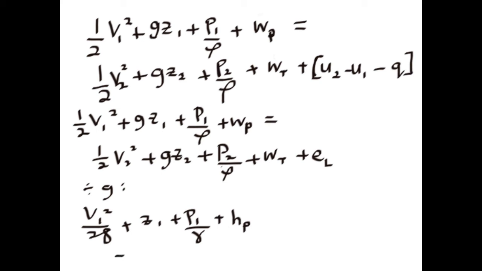And it's equal to V2 squared over 2g plus Z2 plus P2 over gamma plus the head given out by the turbine. This is the specific work done by the turbine.